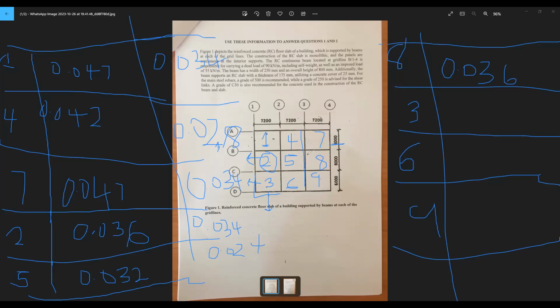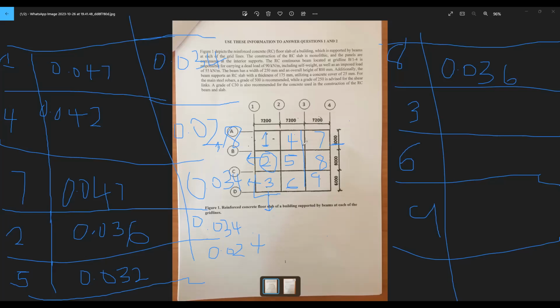Then we go to panel 8. Panel 8, we said it's one short edge discontinuous. So once you go back to one short edge discontinuous, you look for positive moment at midspan. Then you trace to the last box, you get your answer to be 0.028. You write it there. So I will leave you to do panels 3, 6, and 9. Panel 3, you know already, is two adjacent edges discontinuous.